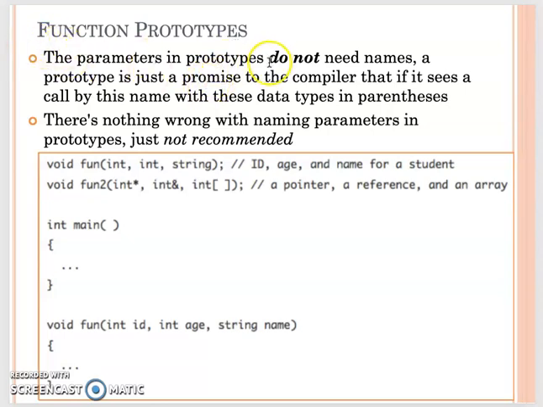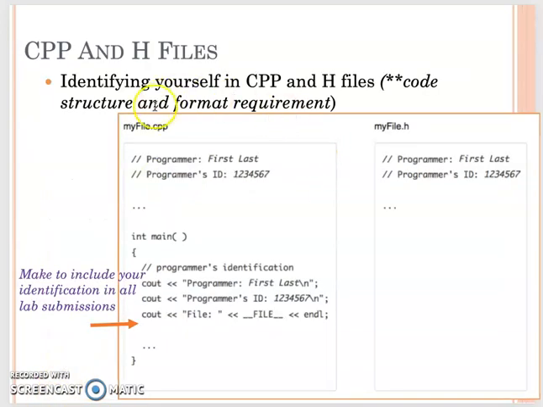That's one requirement. The second requirement is that your source files need to include your programmer information. This was already shown in the reading pages. In most of our assignments, you have at least 2 files to submit. One is the header file, where we implement all the data structure classes.